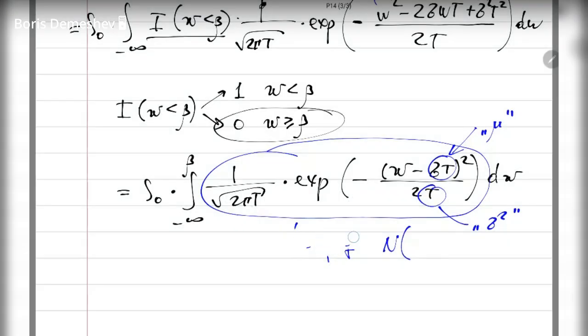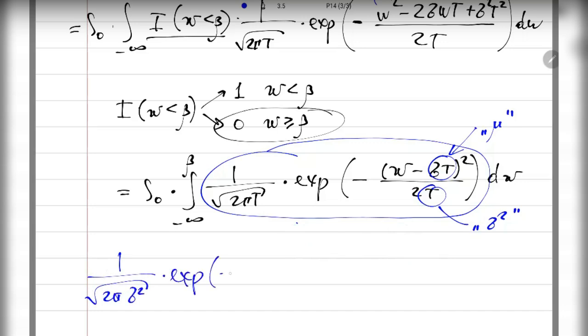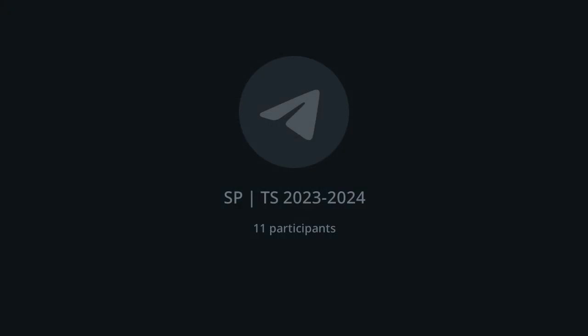So let's recall the classic formula. It is 1 over square root of 2 pi sigma squared, exponent minus (x minus mu) squared over 2 sigma squared. So I see a complete coincidence with a PDF of a normal random variable, but not standard.